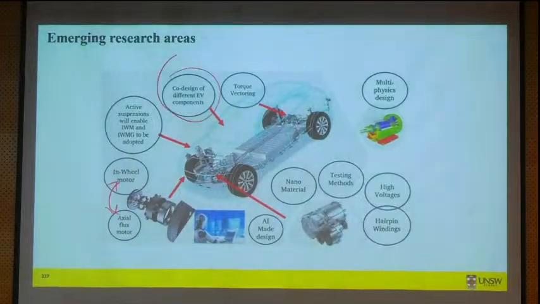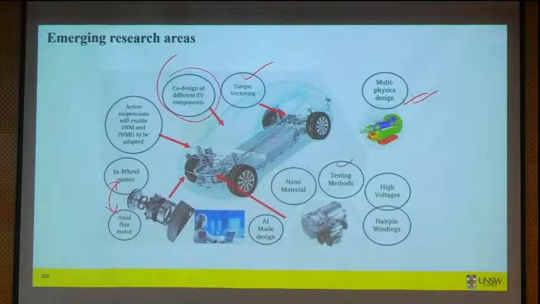Co-designing not just the motor but the full system. And torque vectoring, that's under control: how to control torque if you have more than one motor, say 4 motors in the wheels, how to control it effectively. And of course, the physics design we talk about.